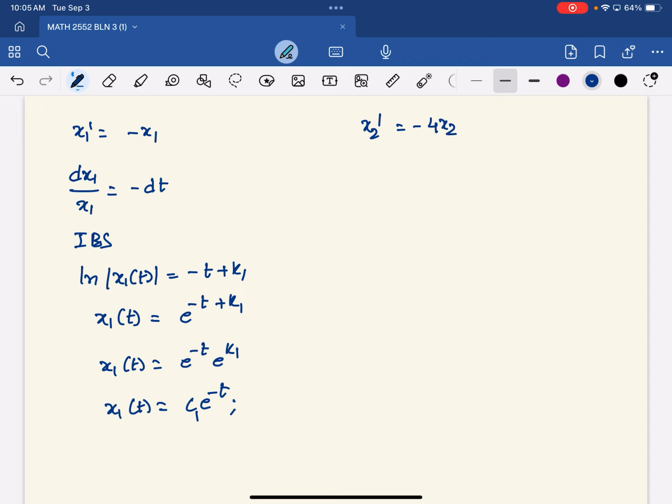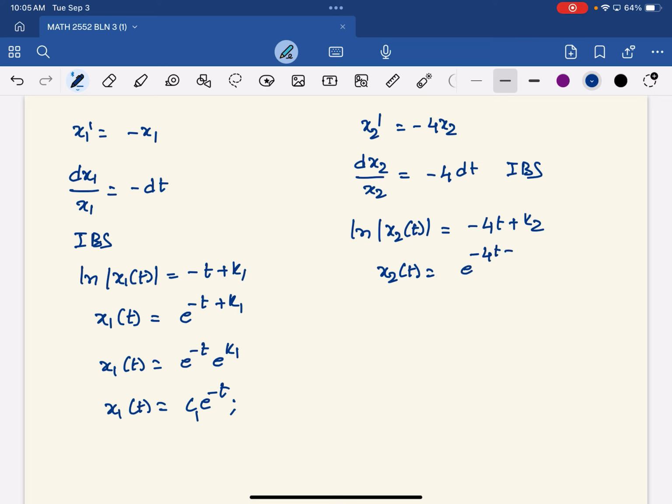So this gives me the derivative, rearranging the terms. I get this, so integrating both sides, natural log of that is going to be negative 4t plus k2. The x2 of t is going to be e to the negative 4t plus k2.